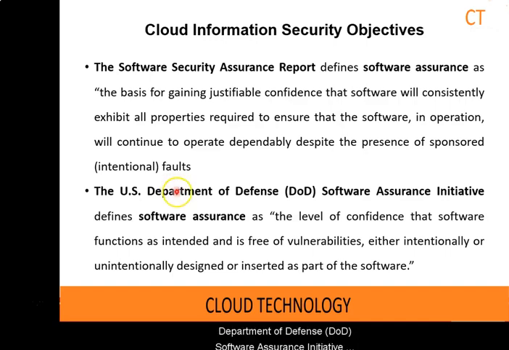The US Department of Defense DoD Software Assurance Institute defines software assurance as the level of confidence that software functions as intended and is free of vulnerabilities, either intentionally or unintentionally designed or inserted as a part of software.